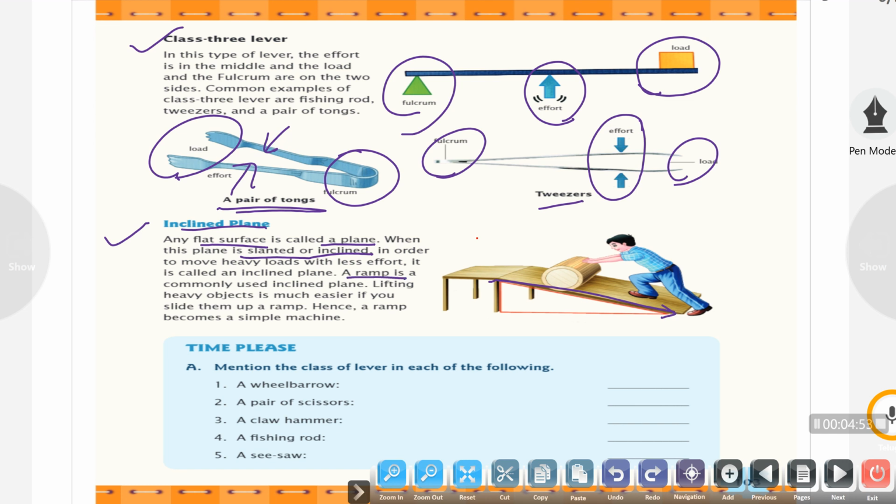A ramp is commonly called an inclined plane. Hence, ramp becomes a simple machine. We can see this person pushes this heavy block very easily on this slant plane or inclined plane.